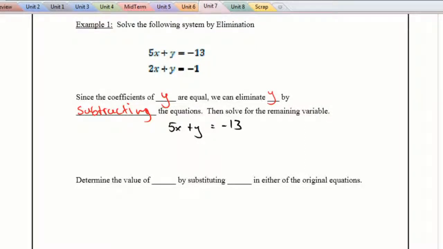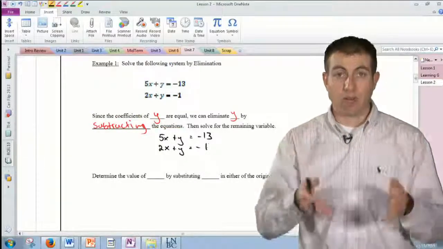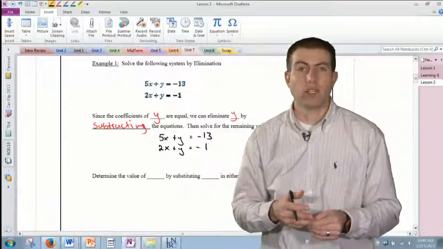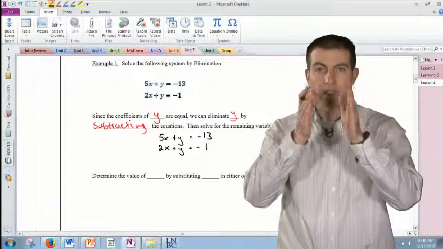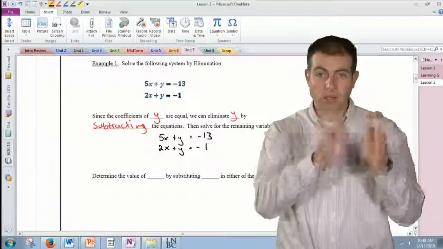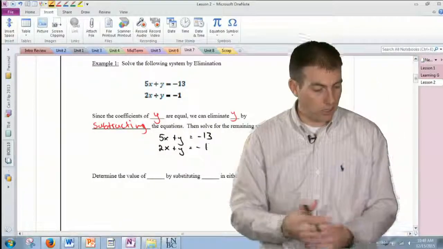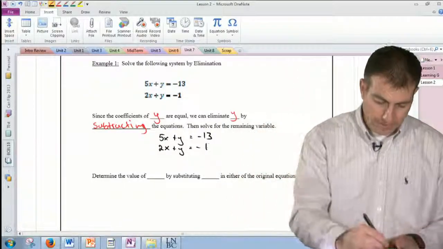So I'm going to put all of my x's on top of my x's, my y's on top of my y's, and my negative 13 on top of my negative 1, or just the constants. We're lining everything up vertically, just like when you're adding or subtracting and you line everything in the tenths column up, and the hundredths column up. Same idea here.